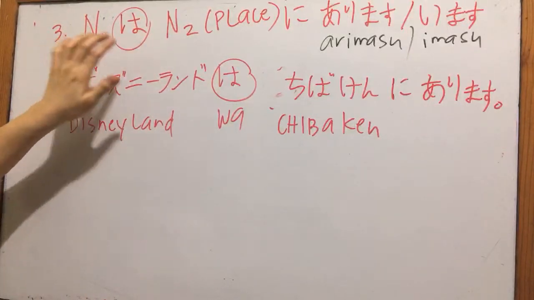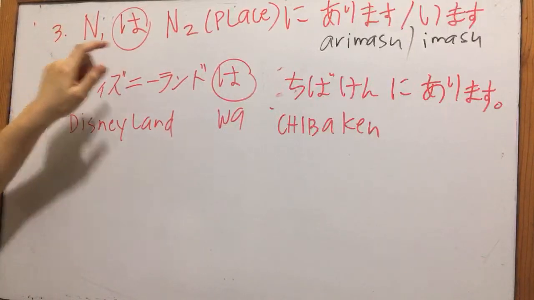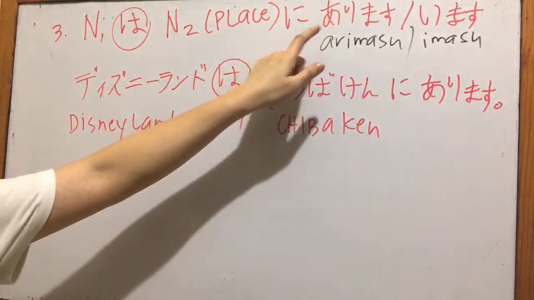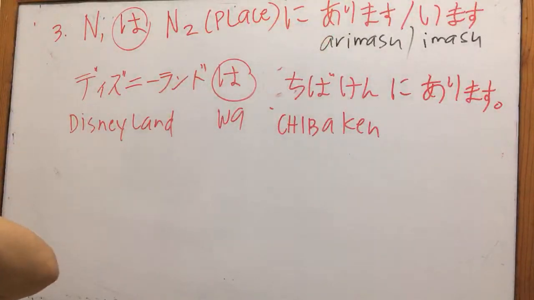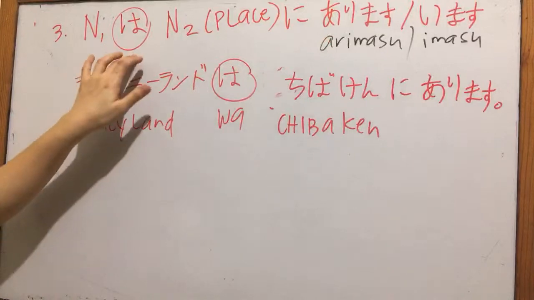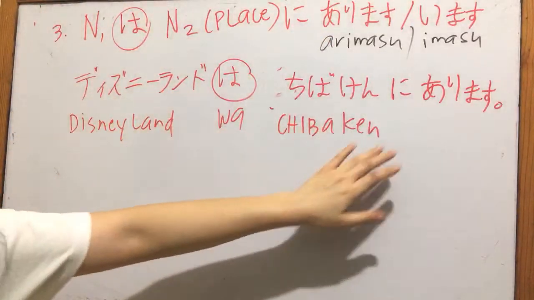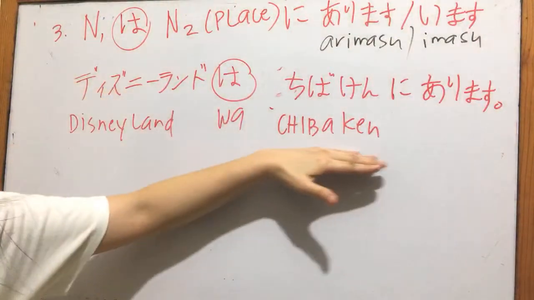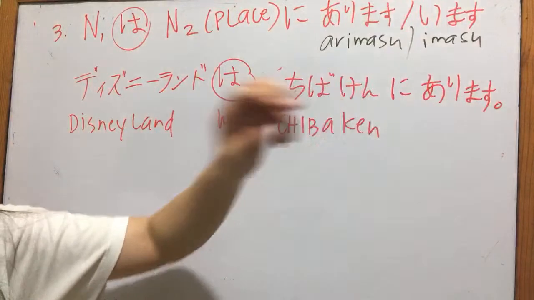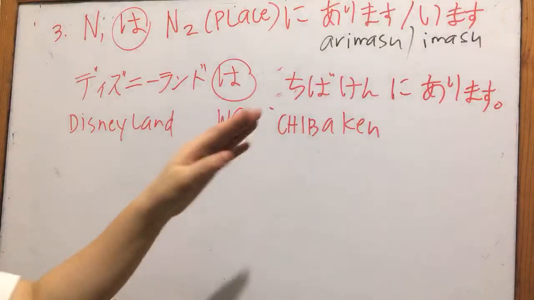In here, we will use wa because this is our topic, and then the place marked by ni, and then arimasu. So, no ga for this. Just the topic, it's wa. So, Disneylando wa Chiba-ken ni arimasu. You can see that this is a place. Place is marked by ni. So, what else? That is for arimasu.